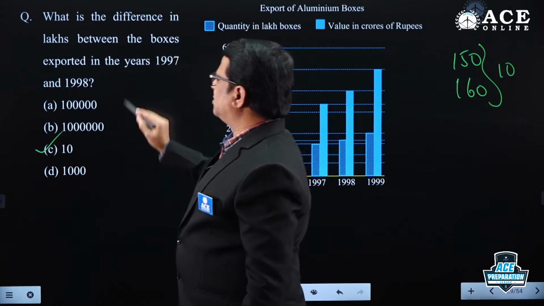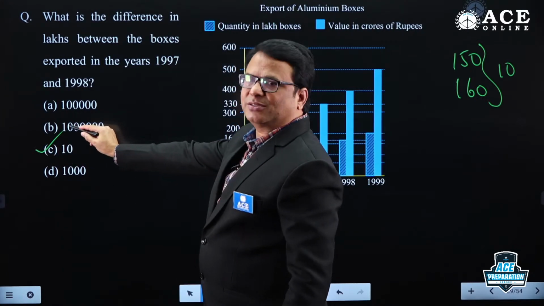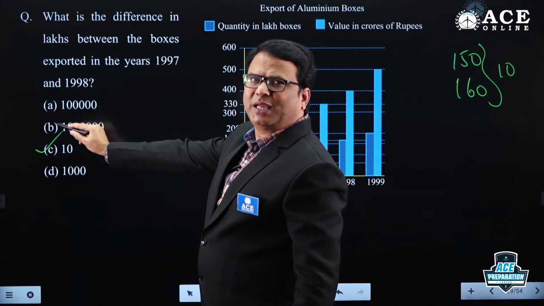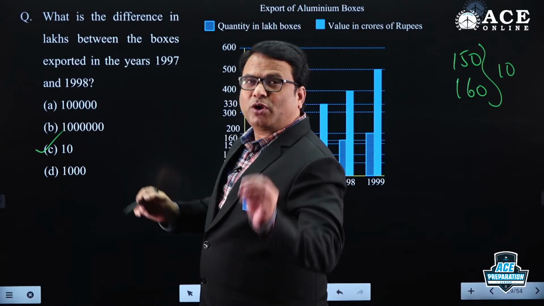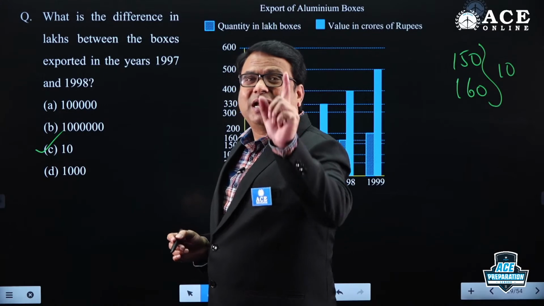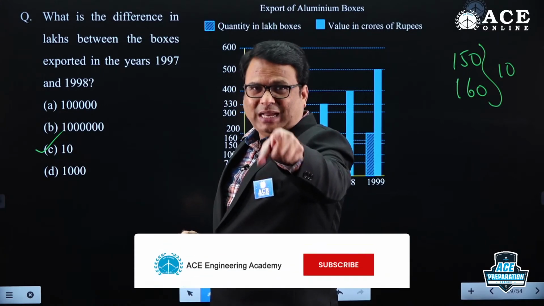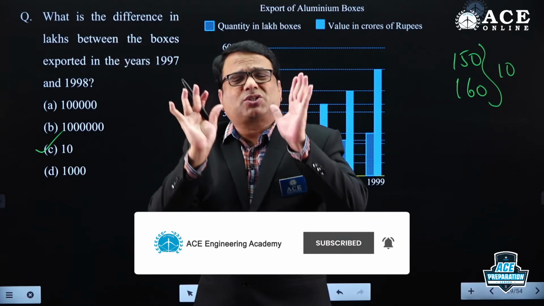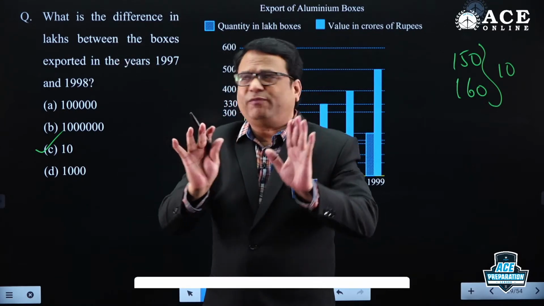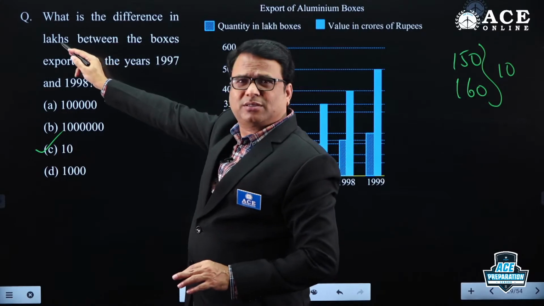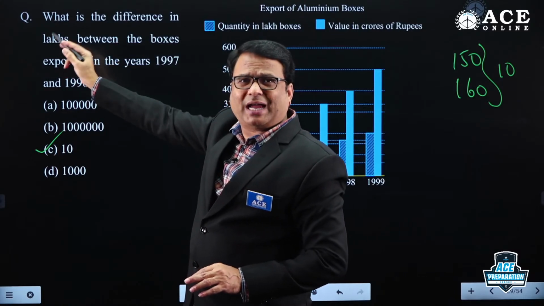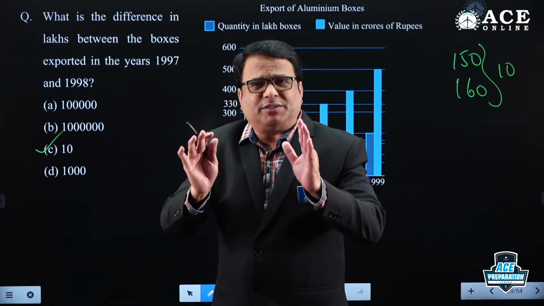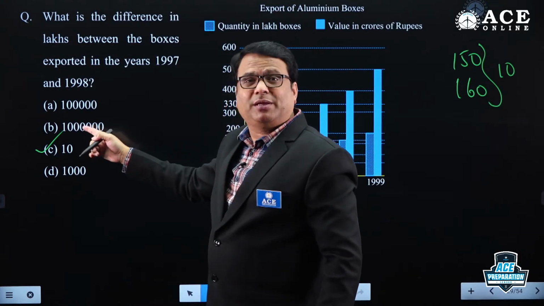So the answer is C. Don't take B as the answer, because we are asked to give the answer in lakhs. See here, if he asks us just the difference, if he doesn't mention the word lakhs, then our answer will be B.